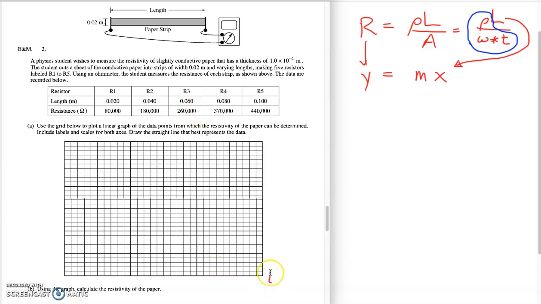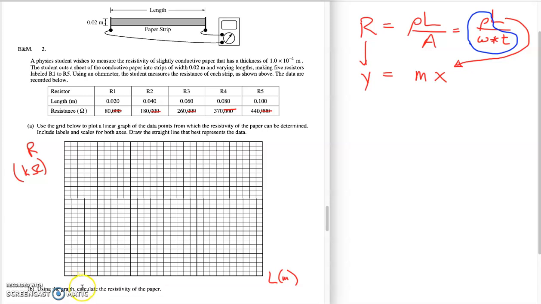Nice, so let's say length, and they've measured it in meters, and resistance, you know what, let's make that kiloohms. So now instead of 80,000, we'll just have 80, 180, 260, 370, and 440. Just have to remember that K is there when we come down here to find the slope.